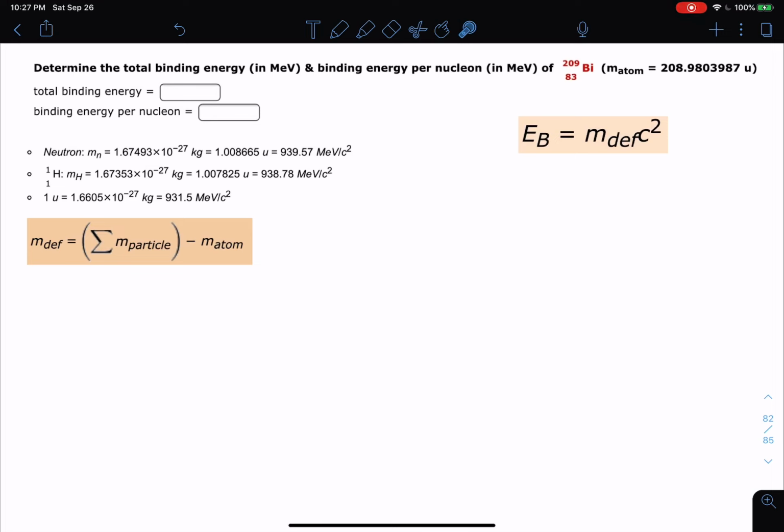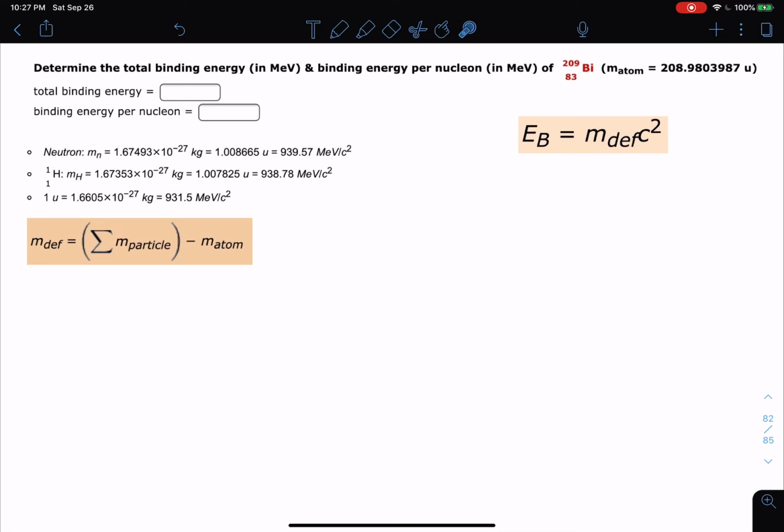In joules, it would be on the order of 10 to the negative 13th joules. One electron volt is 1.6022 times 10 to the negative 19th joules, so 1 mega electron volt is all that times 10 to the 6th, about 10 to the negative 13th joules. It's just more convenient to use what essentially are small units of energy.